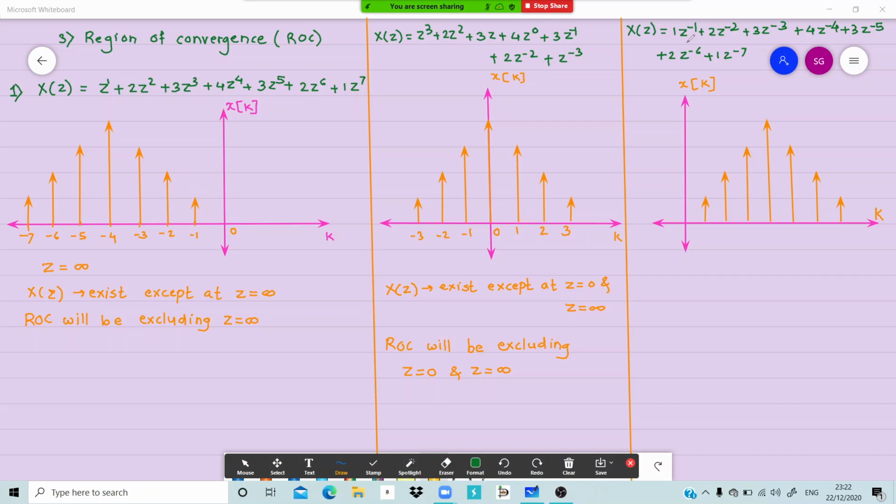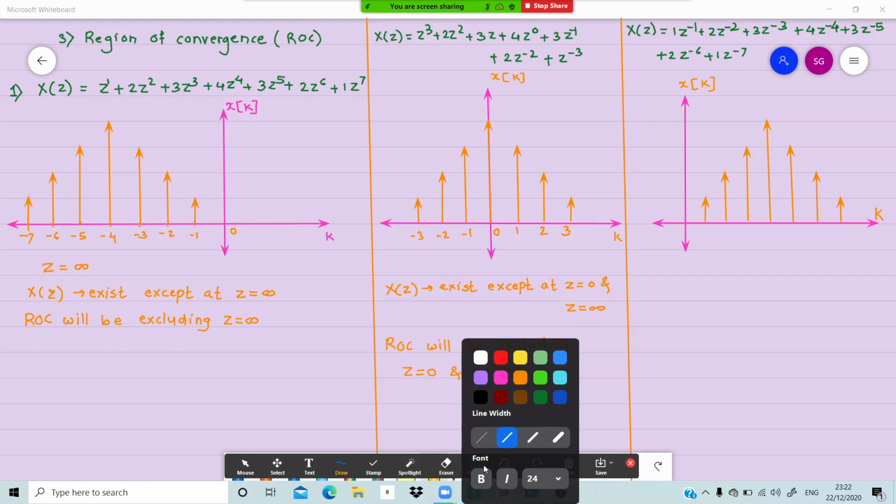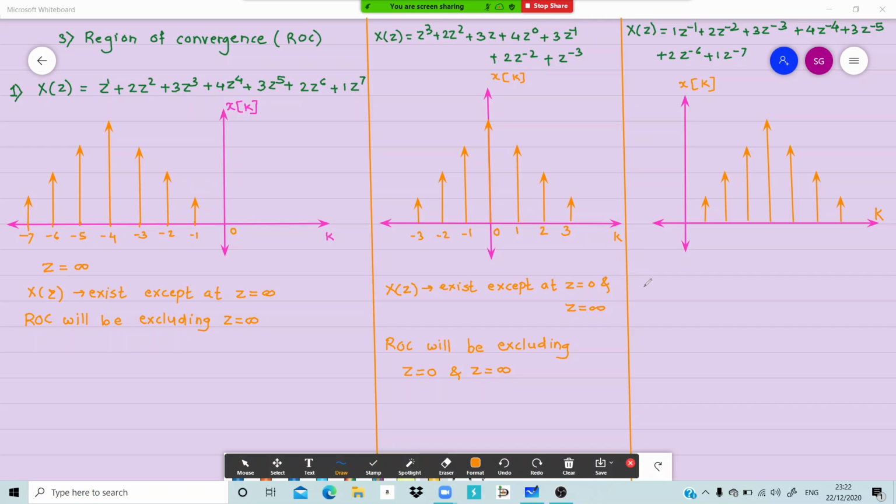Now very much clear. As soon as your z is 0, it will become infinite. So I can write X(z) exists except at z equal to 0.